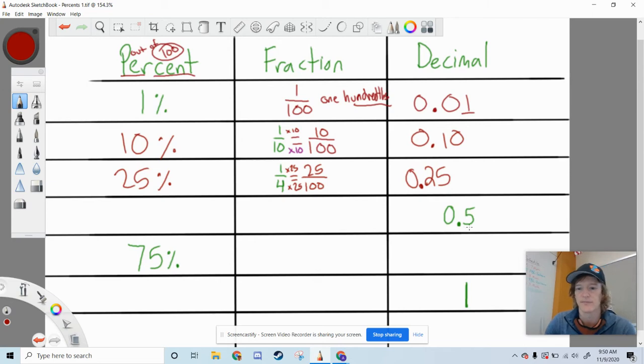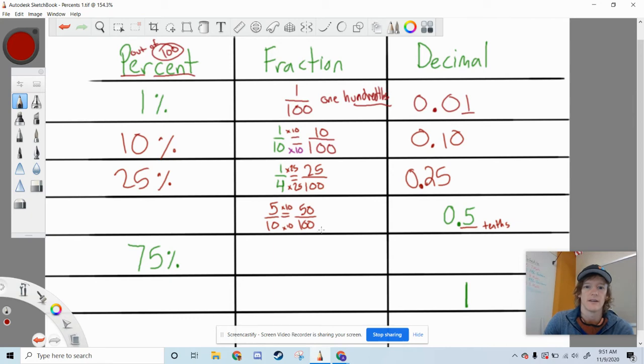The next one is 0.5, and I'm going to write it, well, this place right here is our tenths place. So this is 5/10ths. I'm going to write that here as a fraction, 5/10ths. And we'll just make this equal to hundredths again. 10 times 10, 5 times 10 will be 50.